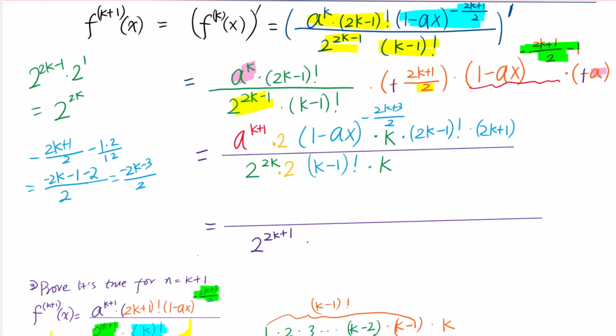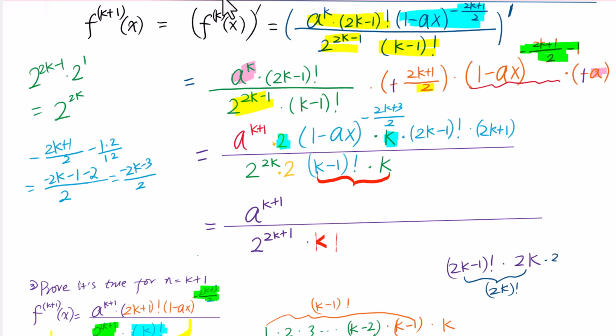Therefore, (k minus 1) factorial times k will be k factorial. Numerator a to the power of k plus 1. Now (2k minus 1) factorial times 2k will be (2k) factorial.